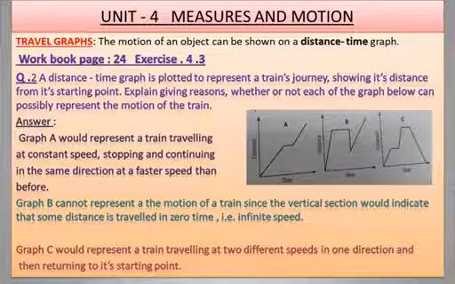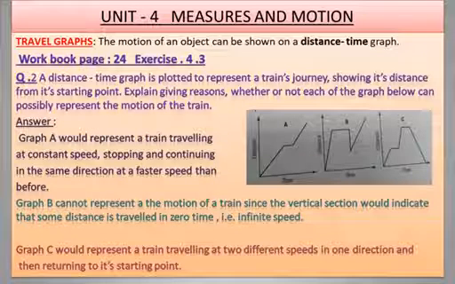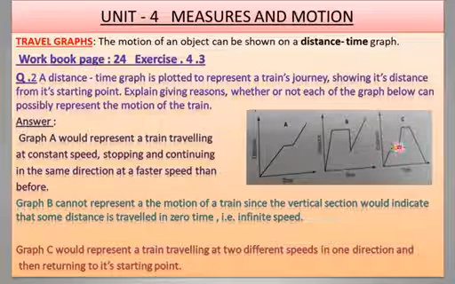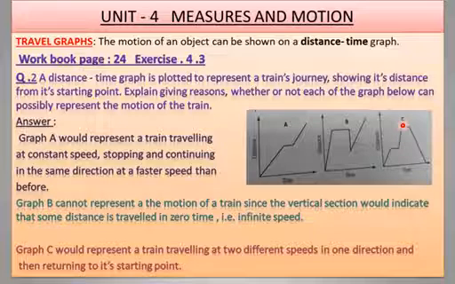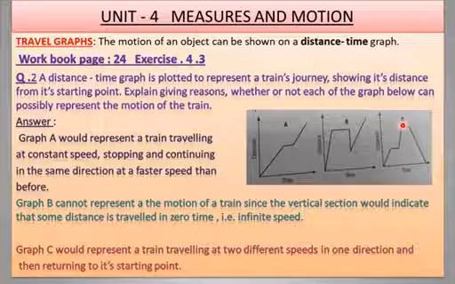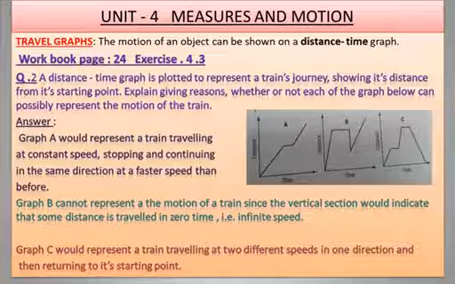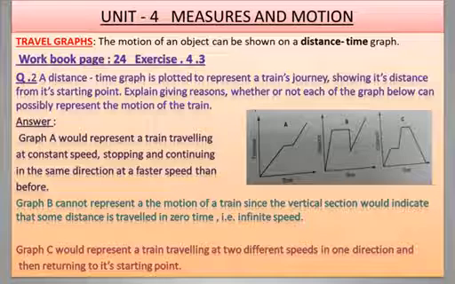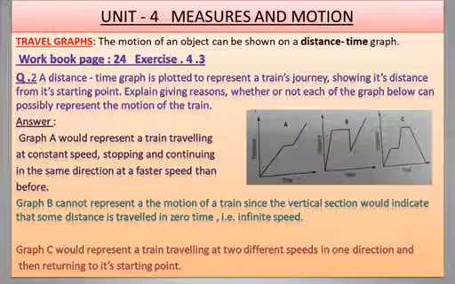So this is showing that a train started from a place, then moved, then stopped for a particular time, then started again with a constant speed, then again stopped, then moved to the starting point. Okay, so this graph also will show the journey of a train or the motion of the train.